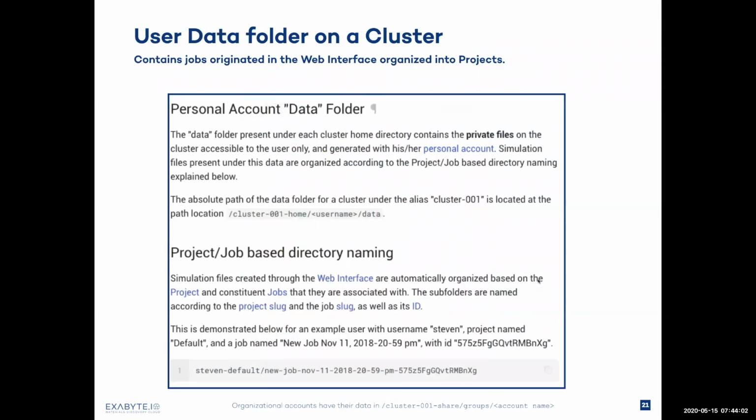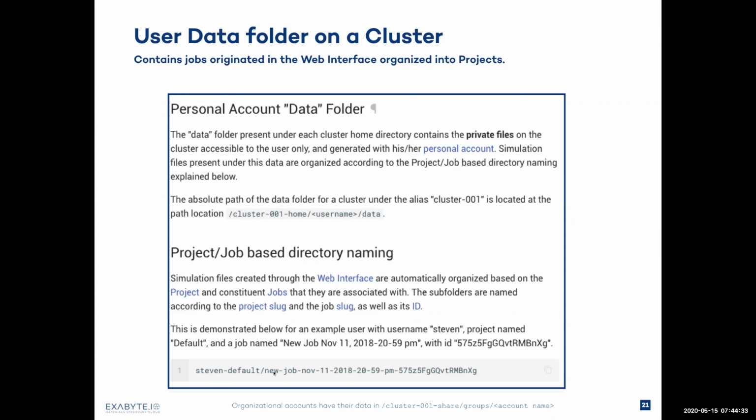Then there is the data folder that contains the jobs that originate on the web interface. The jobs are organized into projects, and every single job has a certain naming convention on the command line. For example, if we have a job that is part of the project default for a user named Steven, the job will reside under Steven-default subdirectory inside the data folder.